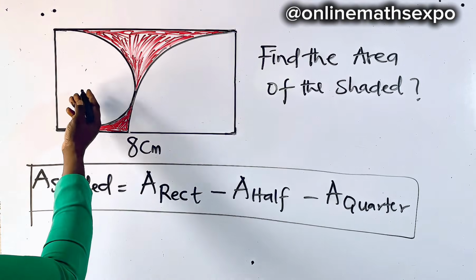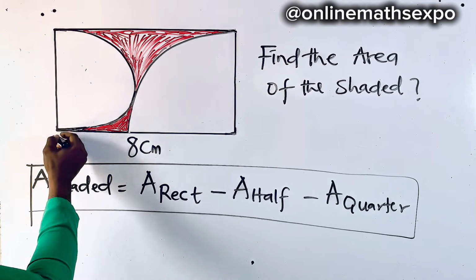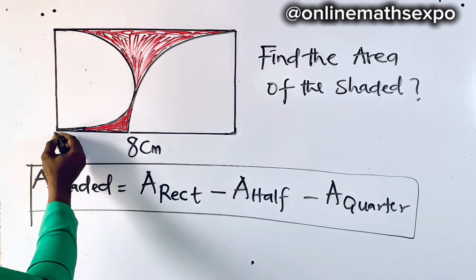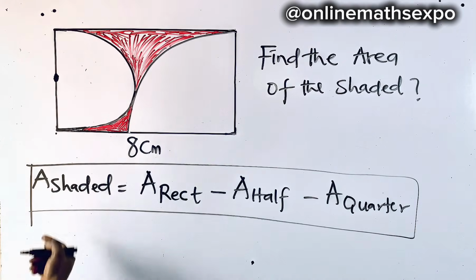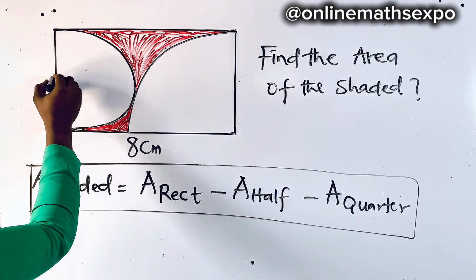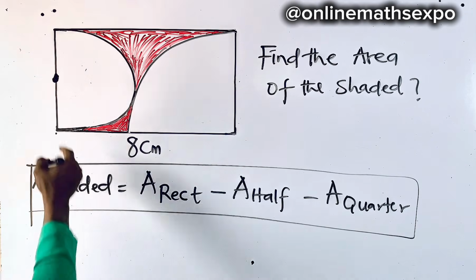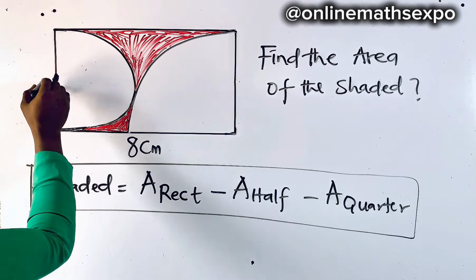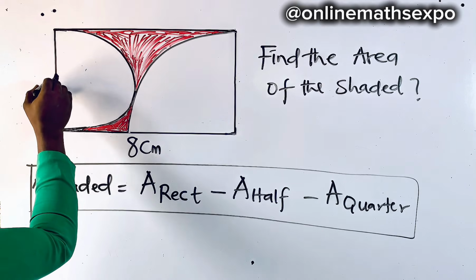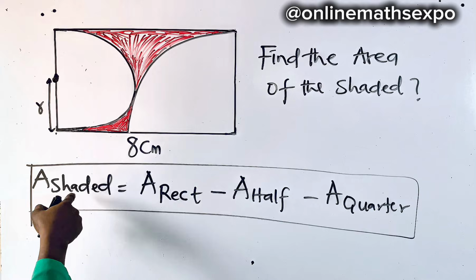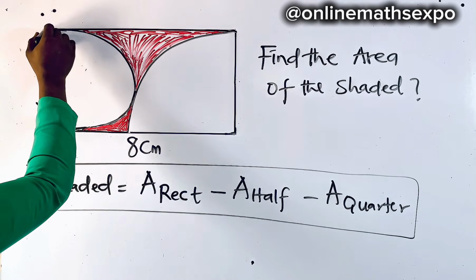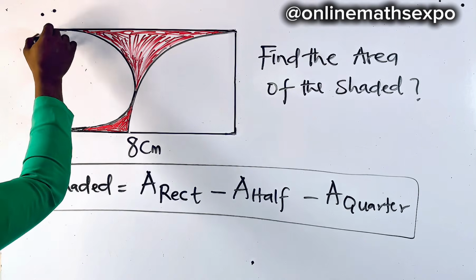For the half circle, remember this is the diameter of the half circle. And if this is the diameter, from here, this becomes the center of this half circle. And if this is the center, from here to here, we can label it to be the radius. So this becomes the radius of the half circle, and here is also the radius of the half circle.